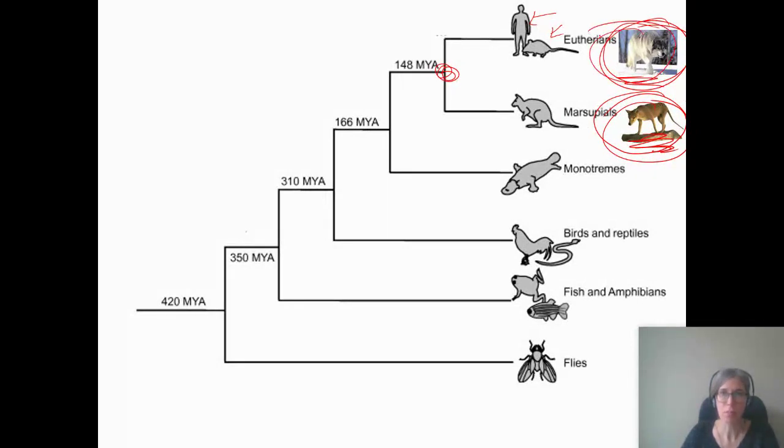In fact, the wolf doesn't look much like you, but is more closely related to you, right? Their common ancestor, that's where they come together here on the tree, did not have the same types of traits that they have.